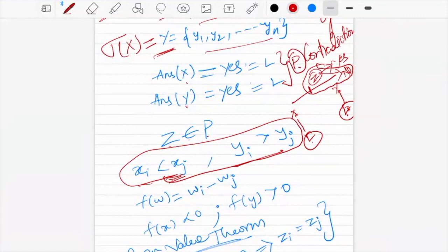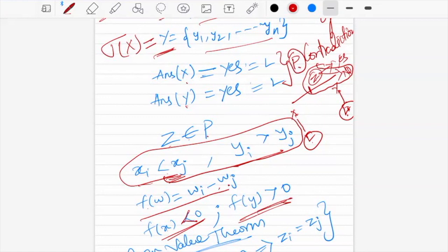And let me consider the equation f of w equals wi minus wj. If I substitute x here, since xi is less than xj, I'll get a value less than 0 for f of x. And for f of y, since yi is greater than yj, I'll get f of y greater than 0.